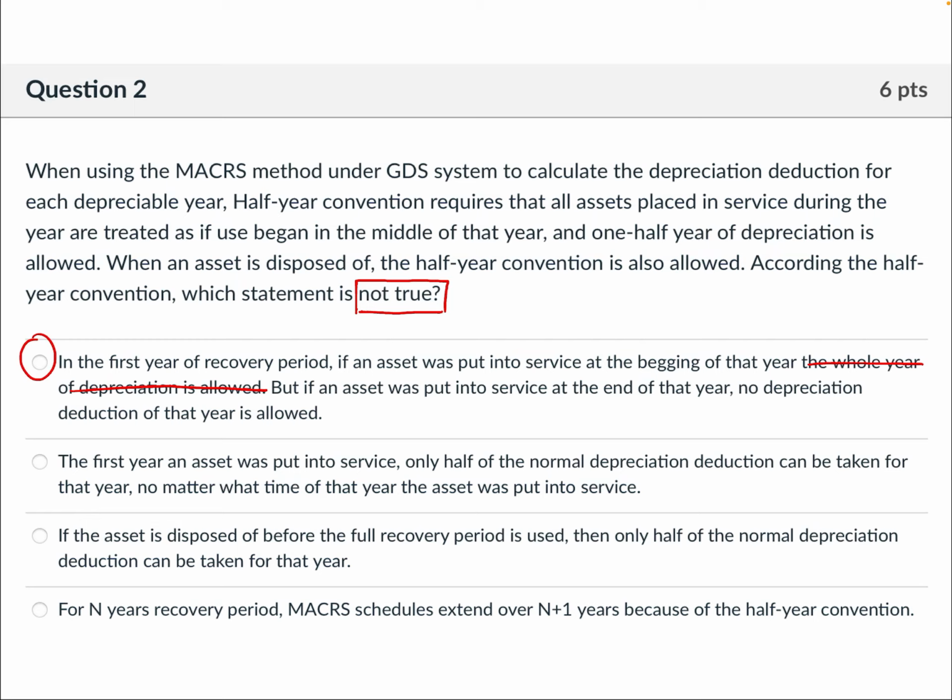Correct. And for n years recovery period, MACRS schedules extend over n plus 1 years because of the half-year convention. Because you take half-year value from the first year, so you have to make it up so that every penny of that asset can be depreciated. Okay, so this is correct.